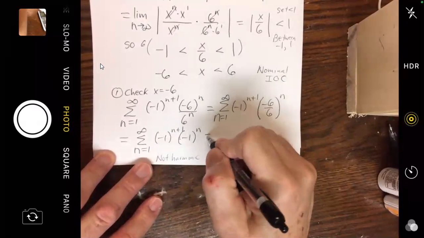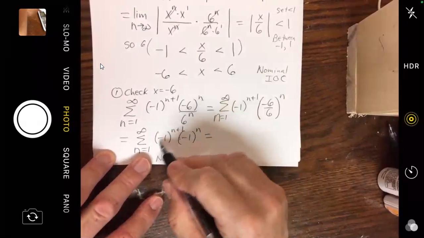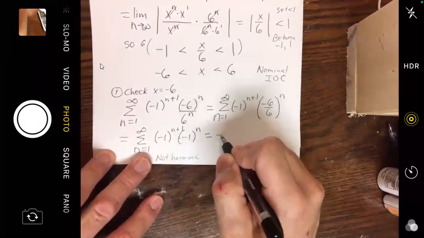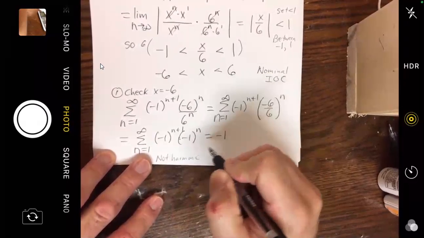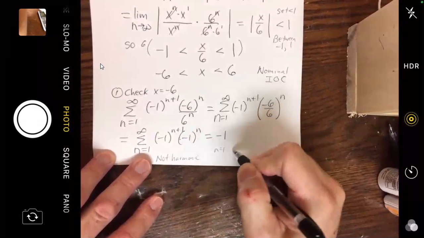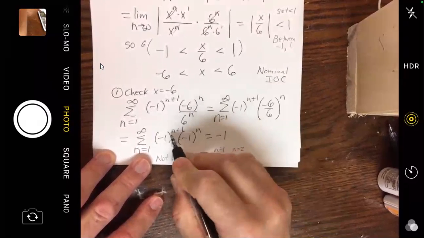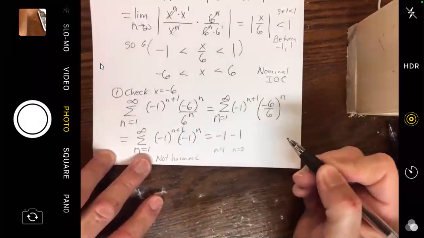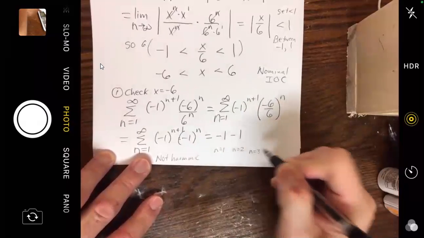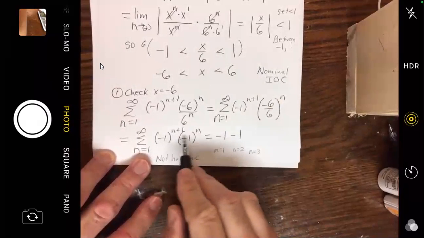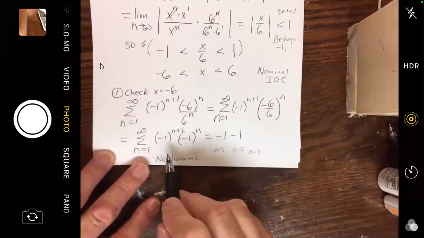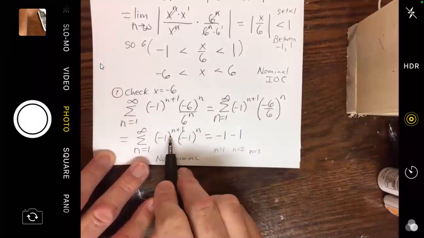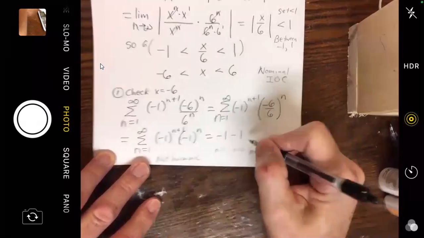So if I write out some pieces, the n equals 1 piece: this is going to be positive, this will be negative, so I start with -1. The n equals 2 piece: this will be negative, this will be positive. They're all negative. For n equals 3, individually they swap, but still one's negative, one's positive, making it overall negative.